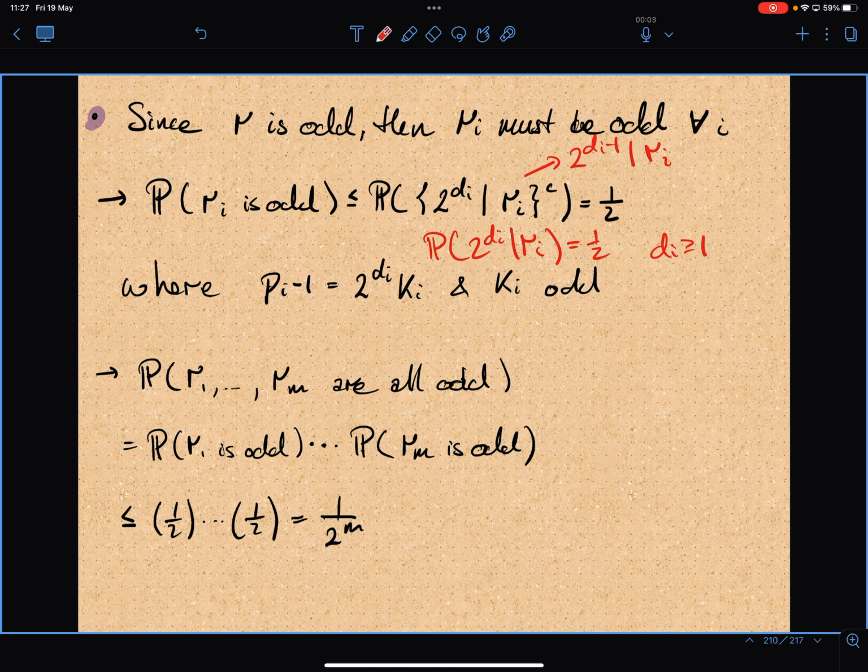So the right-hand side contains ri being odd, but also contains other possibilities where ri could be even. That's why it's an upper bound.